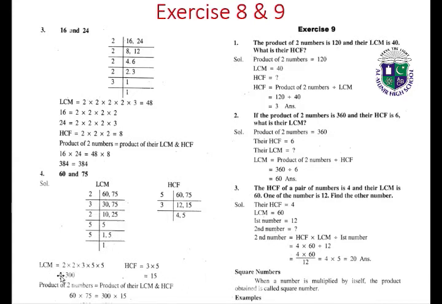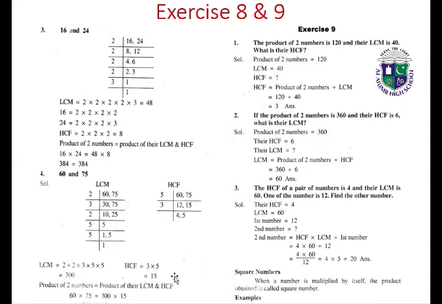LCM is 2 multiplied by 3 multiplied by 2 multiplied by 5 multiplied by 5. 2 2s are 4, 4 3s are 12, 12 5s are 60, 60 5s are 300.